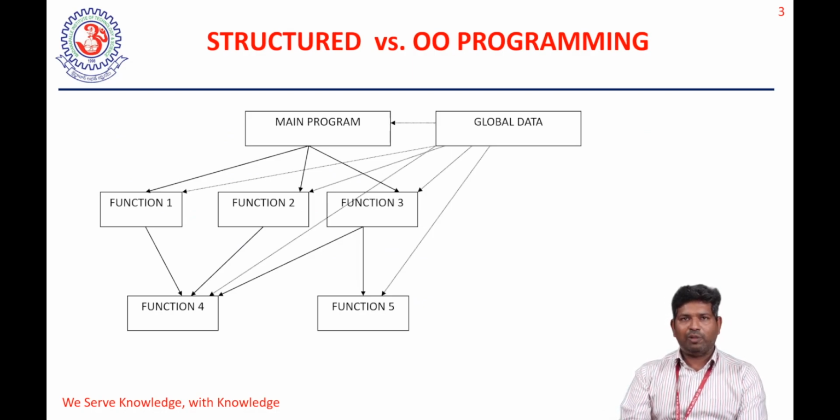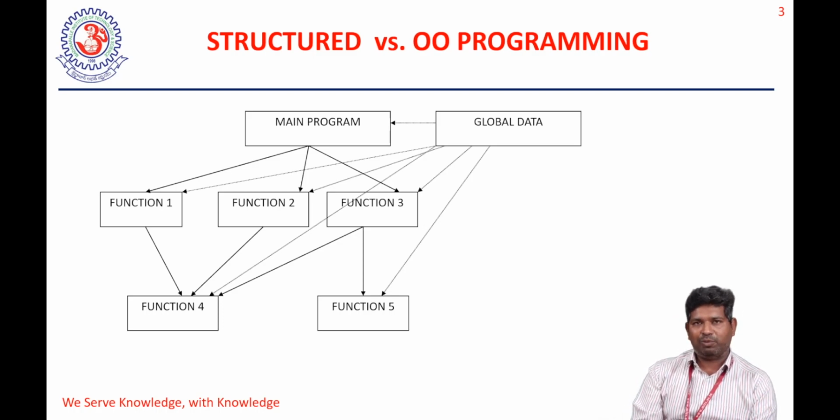While seeing this picture, it is very clear that structure-oriented programming, which we used in the conventional way, is not conventional, still we are using it. If there is any programming language we are exploring, and some other programming language we already know, there are some advantages in the new programming languages. Structured programming, which we already used, like C, Pascal, Fortran.